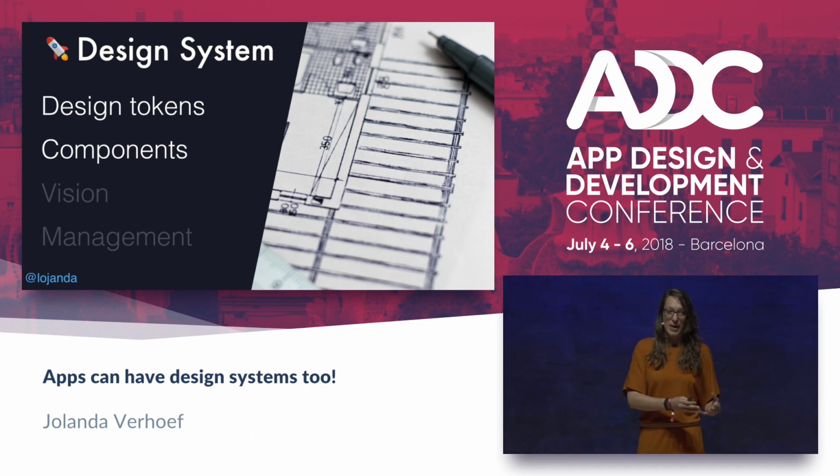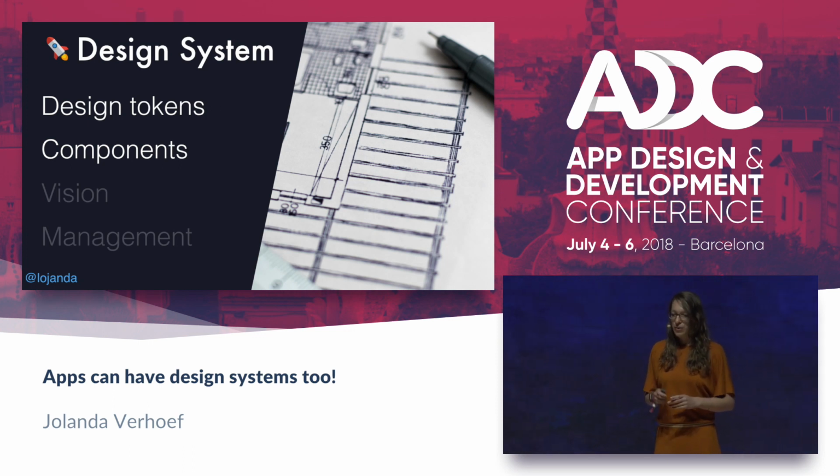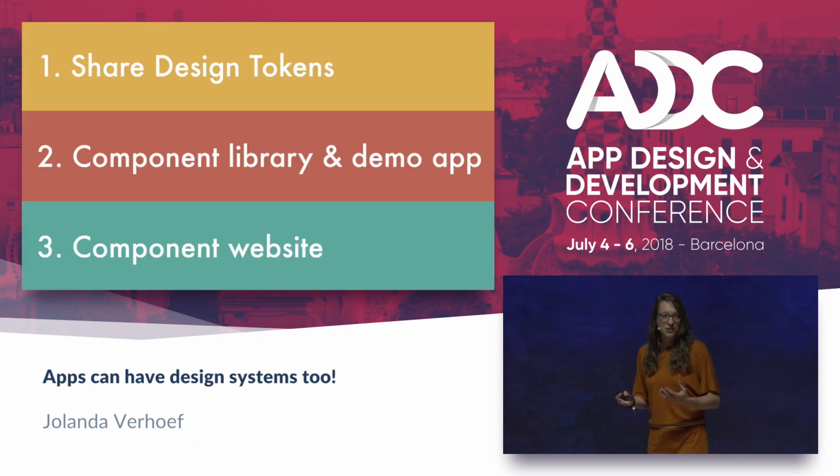For web, there's a lot of tooling around it, a lot of ways to help us do it. But for native apps, that doesn't really exist. So I tried 3 things in the last 6 months, and not all of them are fully finished, but I did want to share the things I've been trying, and I really hope that you will be intrigued by this and maybe help me out to try and develop them further.